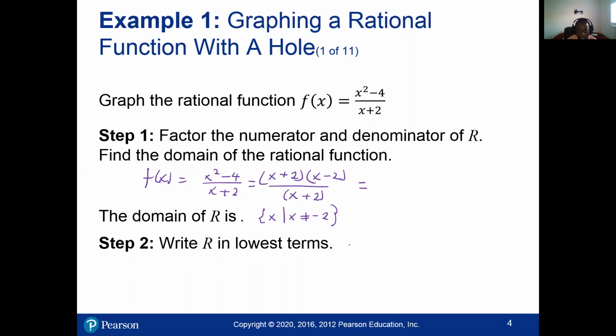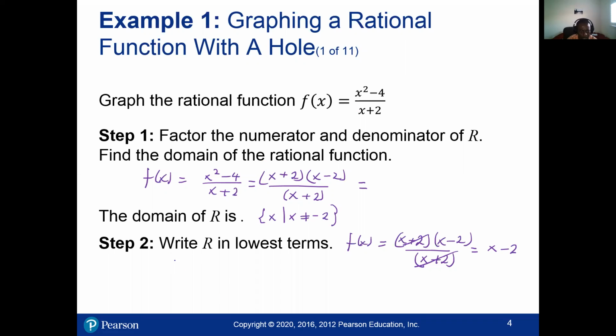So we have this function right now, f of x, which is x plus 2 times x minus 2 divided by x plus 2. Now we notice that this factor will cancel out. So the rational function now is x minus 2.